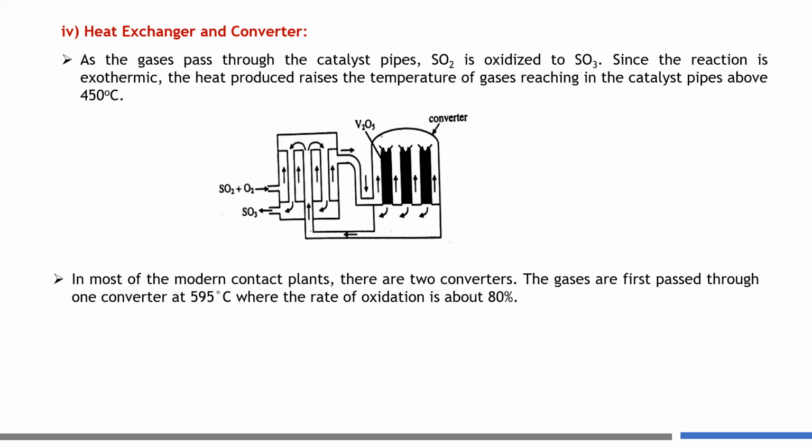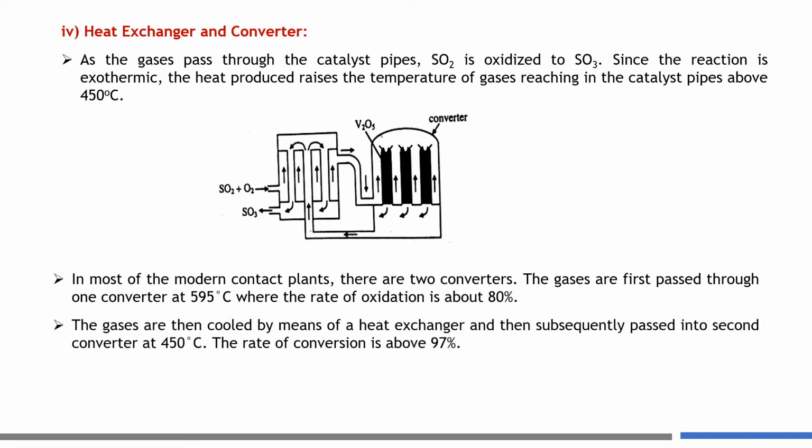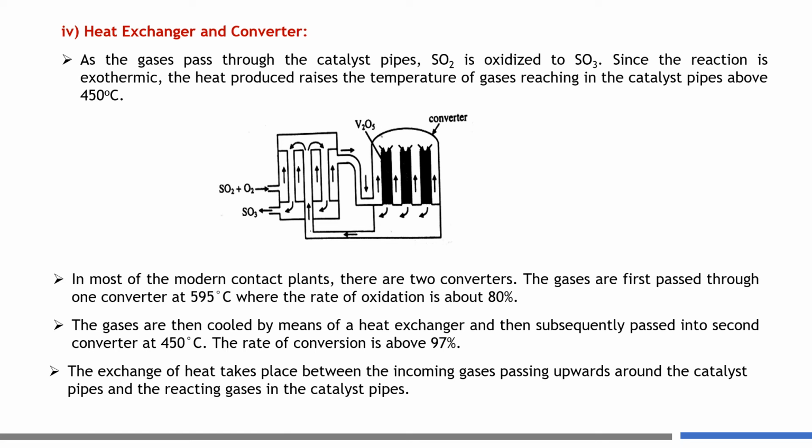The gases are first passed through one converter at 595 degrees Celsius, where the rate of oxidation is about 80%. The gases are then cooled by means of a heat exchanger and subsequently passed into the second converter at 450 degrees Celsius. Here the rate of conversion is 97%. The exchange of heat takes place between the incoming gases, passing upwards around the catalyst pipes, and the reacting gases in the catalyst pipes.